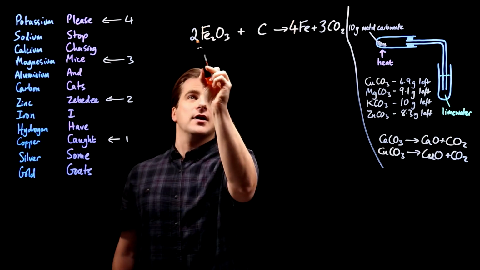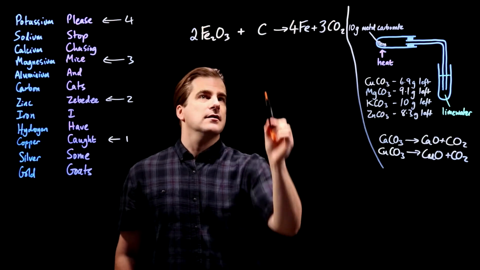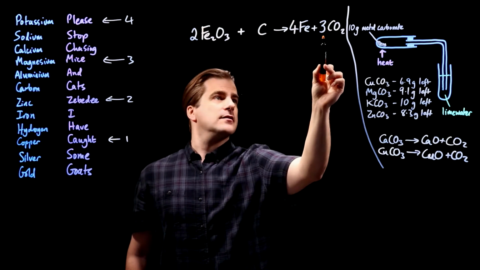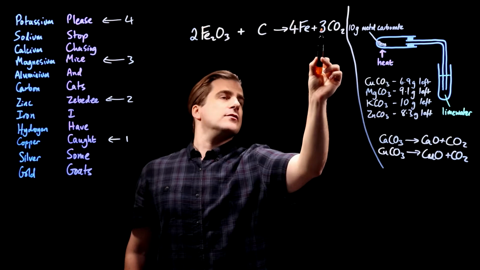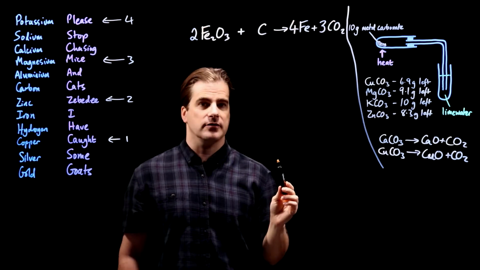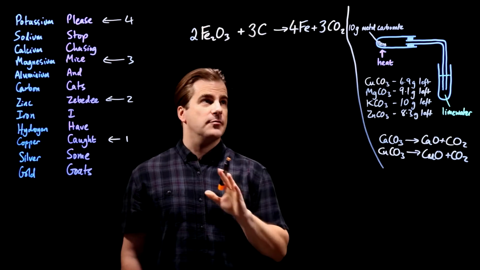So now the irons and the oxygens are balanced. So move on to the next one, carbon. How many carbons on the right? We've got 3 times C there. So there's 3 carbons on the right. So if we put a 3 there, we should have balanced it.